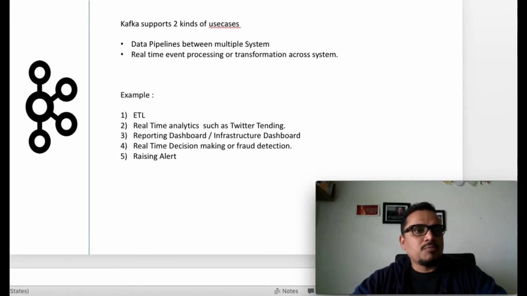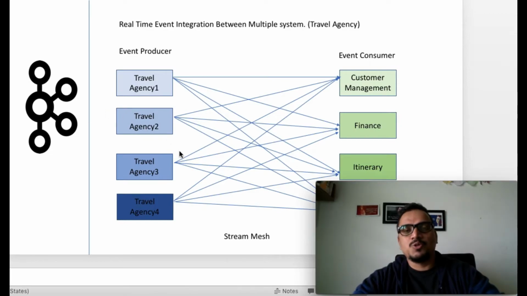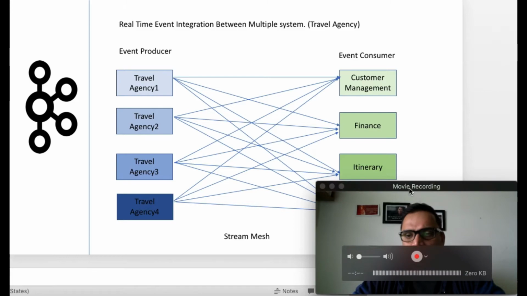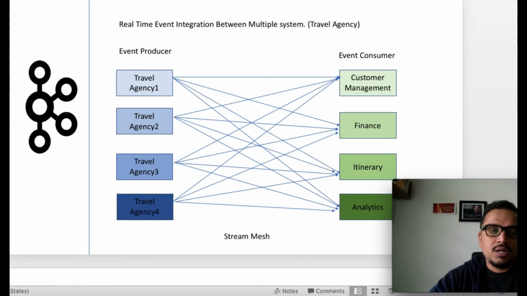Let's see what problem Kafka is trying to solve, right? Let's assume we are not using Kafka. We want to have a real-time data pipeline between multiple systems, where you have one system producing events, and there are some consumer applications consuming those events.